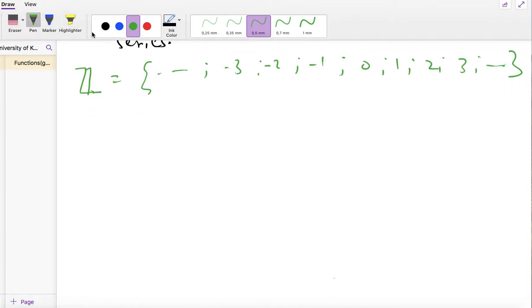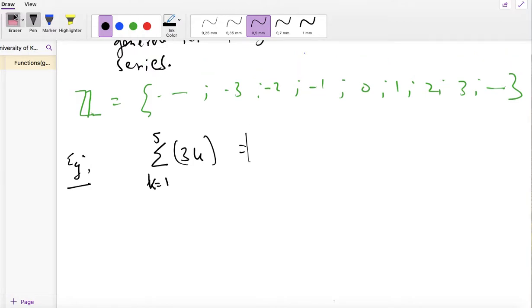Now I just want to explain a little concept here. So let's do an example. If we have the summation from, let's say, k equals 1 to 5 of 3k. Okay, what this means is that k can take on values 1, 2, 3, 4, 5.